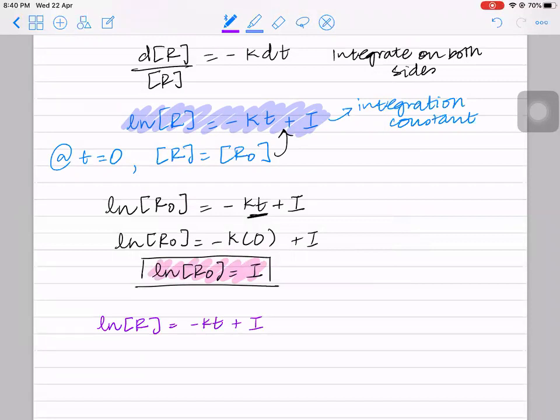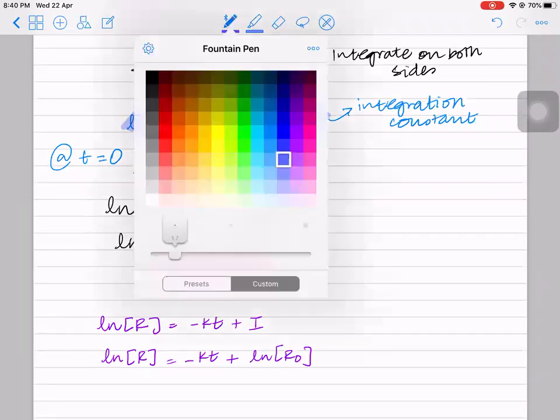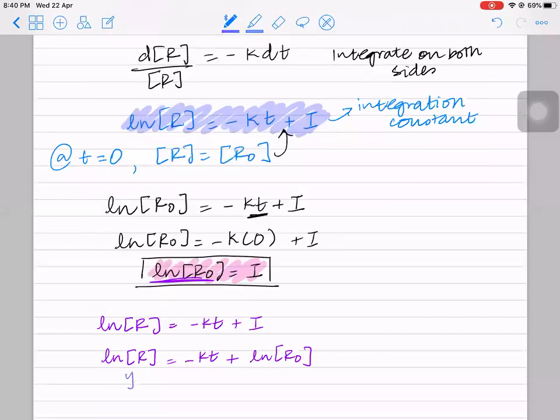You know I is what? I is ln R naught. So can I put that here? So it will be ln R is equal to minus kt plus ln R naught. That's the value of I, right? So I substituted the value of I here. Do you see this equation also resembles what? y is equal to mx plus c. Anyway, we'll get to that later.